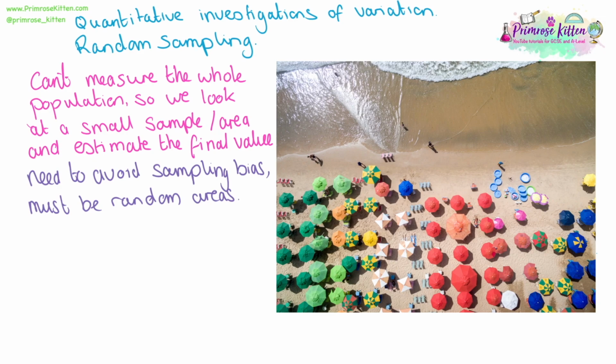For example, here is a picture of a beach. Now, say we wanted to investigate variation in things on the beach. If we took these three samples here, we wouldn't actually get the impression there were any umbrellas on the beach, just a lot of space.